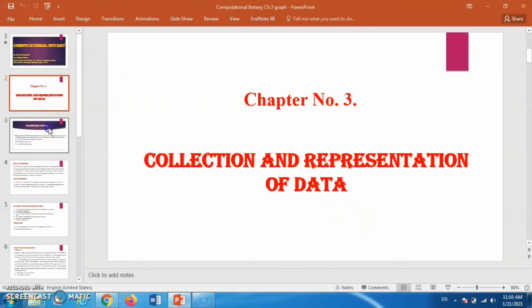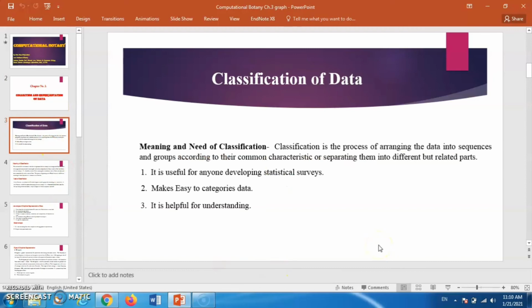Here we are going to see the classification of data and data representation. Whatever data we have collected, we can show that calculated or counted data by making a table or by making a graphical representation like bar diagram, charts, pie charts, histogram, line diagram, frequency polygon.